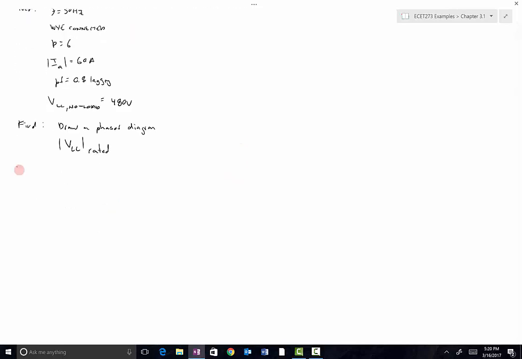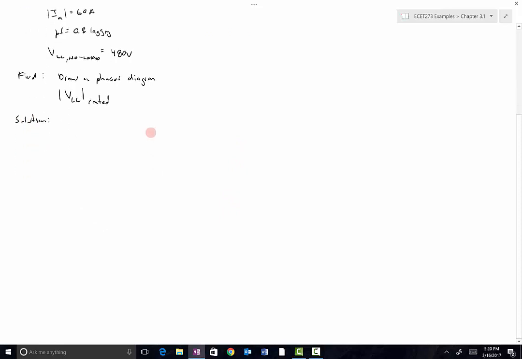Okay, so the solution to this, I'm going to start with kind of an explanation of what's going on here. It's sometimes a little confusing. Remember that the generator has 2 parts. It's got the spinning part called the rotor, and it's got the stationary part called the armature. And the rotor circuit looks like this.